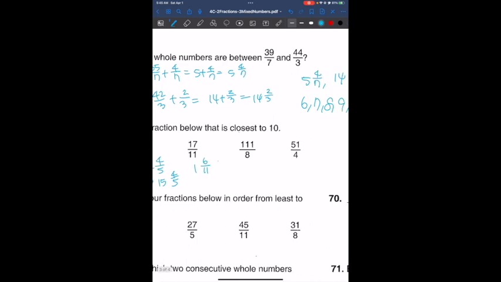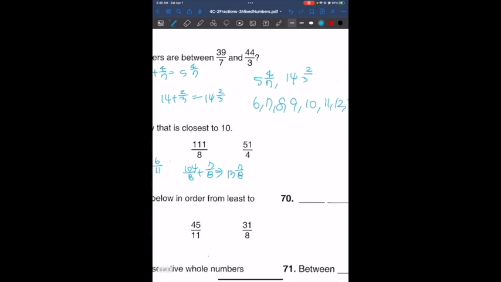And for 111 over 8, we can write that as 104 over 8 plus 7 over 8. So that's going to be 13 and 7 over 8.